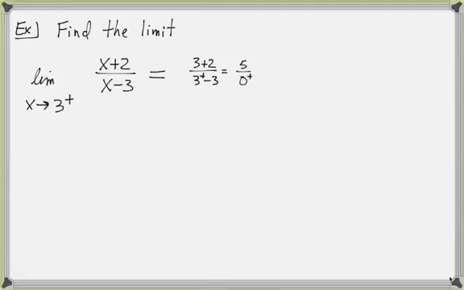Since 5 is positive, and the denominator is approaching 0 from the right, this fraction should be going to positive infinity. So this whole fraction will be numerically a very large positive number. So we define this limit to equal positive infinity.